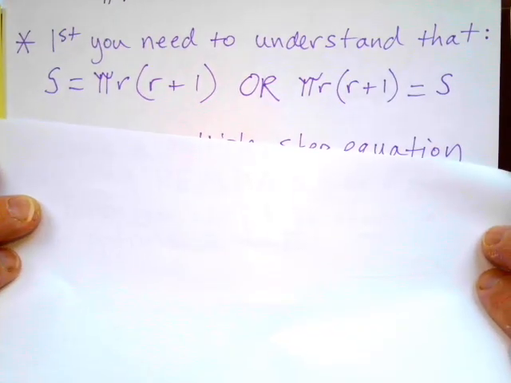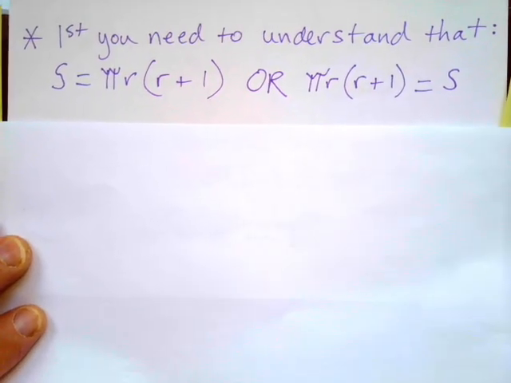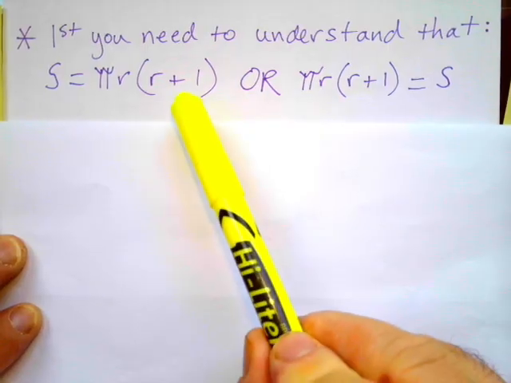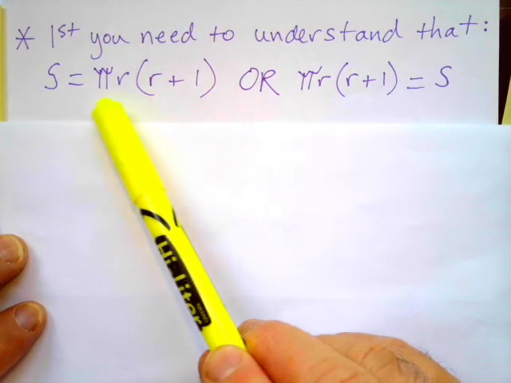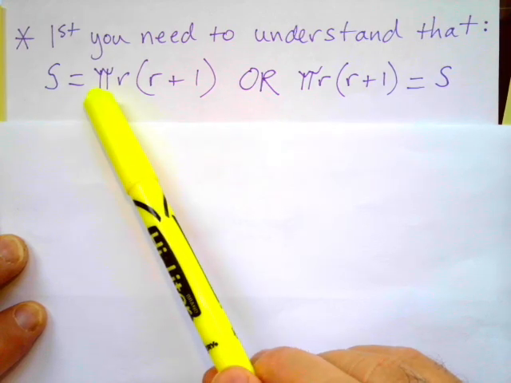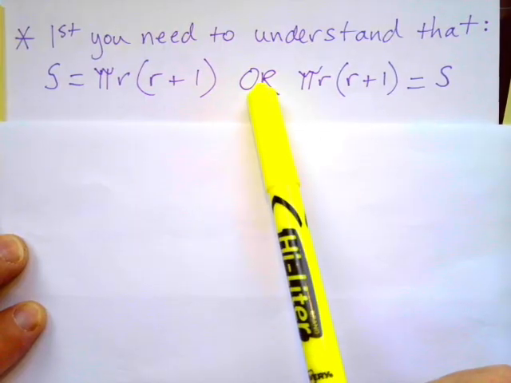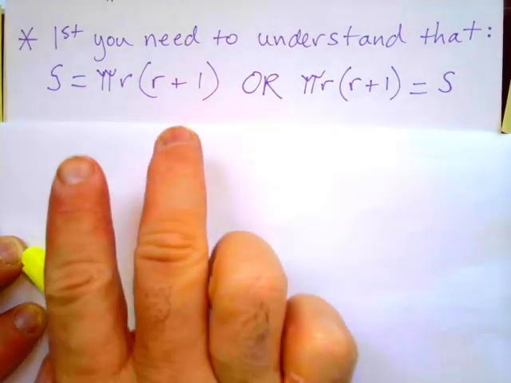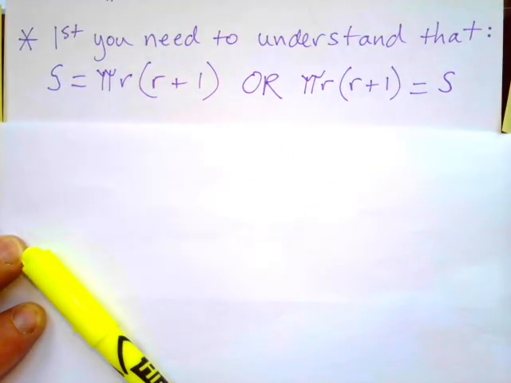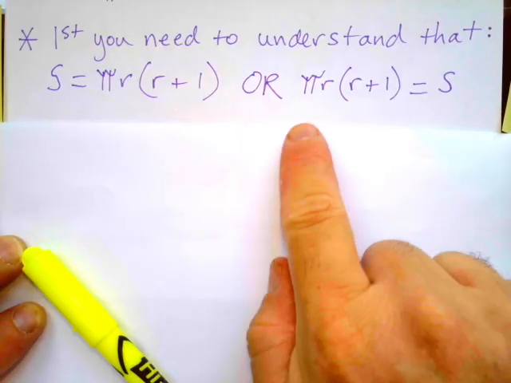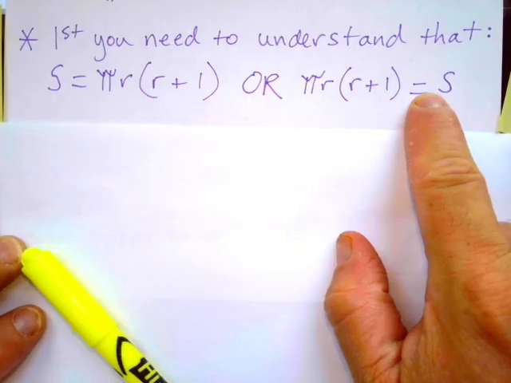Now one of the first things you need to understand is that when solving for slant height, you can write the equation S equals pi times R times the quantity of R plus slant height, close parentheses, or kind of like a reflection, you can reflect it over, where S is on the right side of the equal sign.